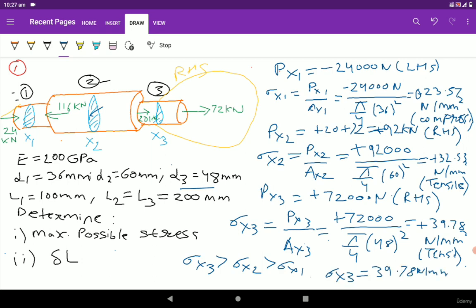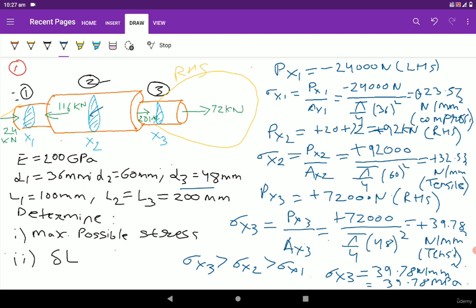We can write Newton per millimeter square as megapascal. So this is the solution for the first question, the maximum possible stress.